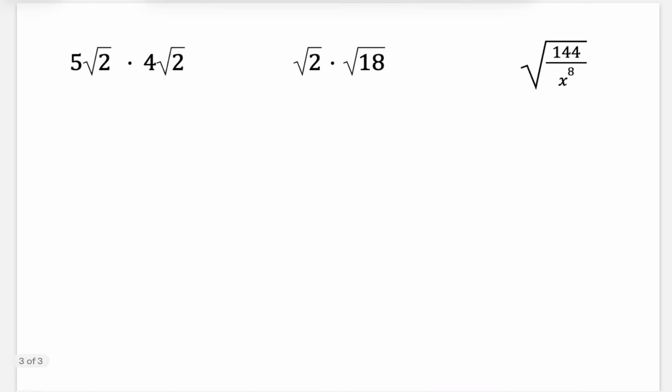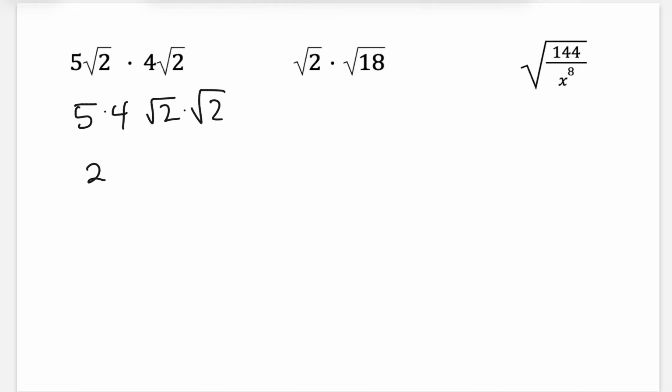Okay. The next thing is, what do we do if we're multiplying or dividing with square roots? So you kind of think of this as a variable. So if I had 5x times 4x, I'm just going to multiply them together. So if we multiply these together, this is going to be 5 times 4 and square root of 2 times square root of 2.